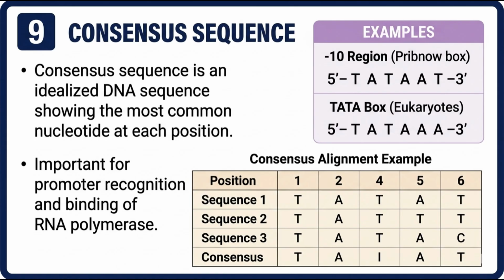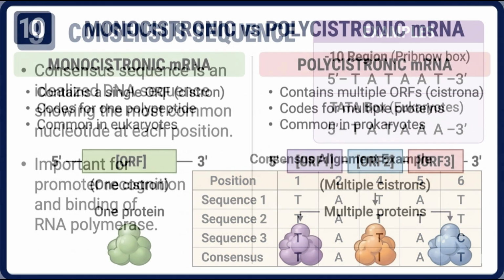Its consensus sequence is generally TATAAT. In eukaryotes, the TATA box is an important promoter element located approximately 25 nucleotides upstream of the transcription start site. Consensus sequences help transcription machinery identify promoter regions efficiently.